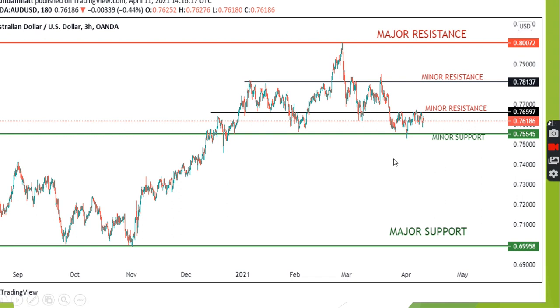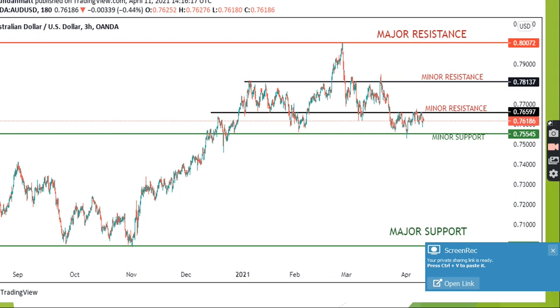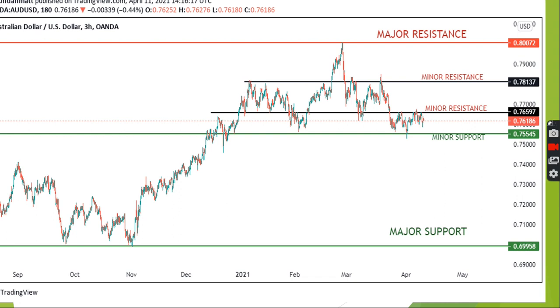For example, major resistance is represented as red, minor resistance is represented as black, while green is represented as major support. You can see that these are areas where the market is respecting. The market failed to break these areas.